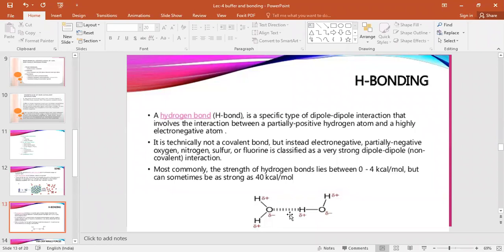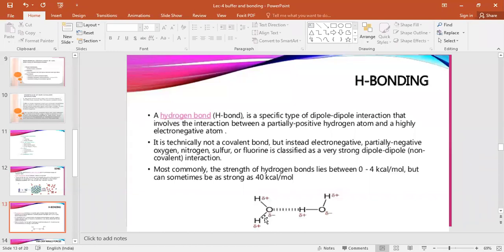Yes, hydrogen bonding with the electronegative atom. So here, what is the electronegative atom? I told you in the previous lecture, oxygen. Oxygen is more electronegative. Why? Because it attracts more electrons in its vicinity, which are shared by the hydrogen.